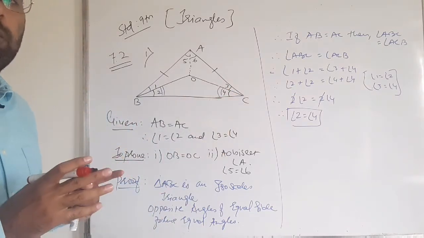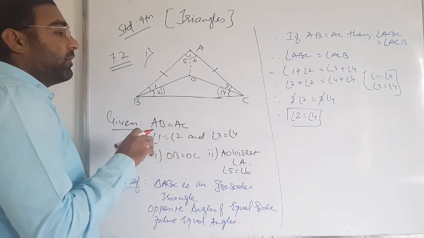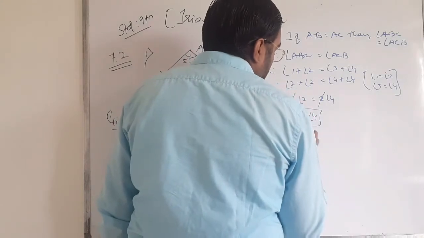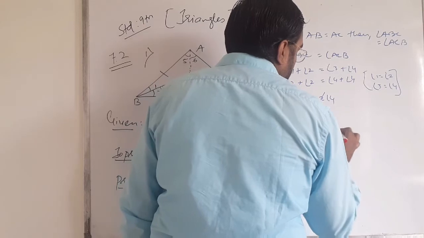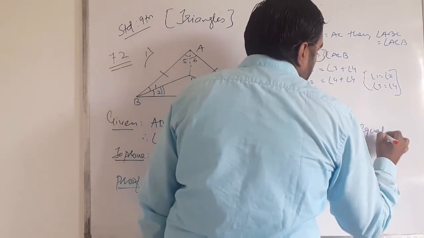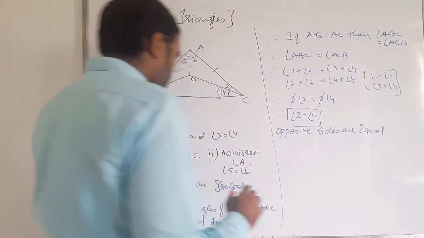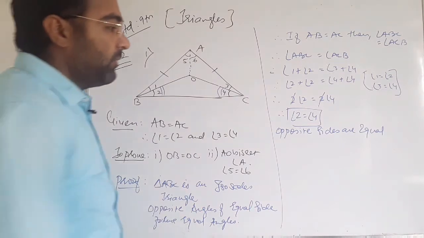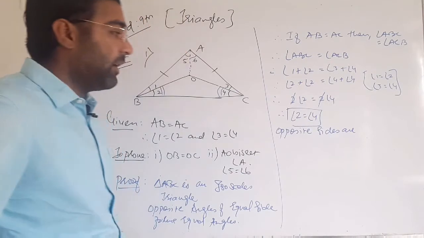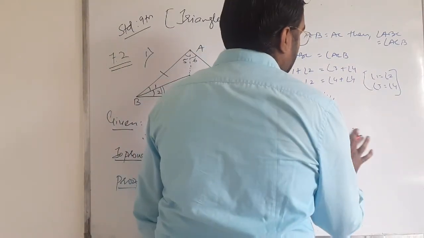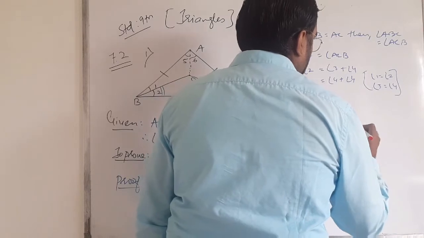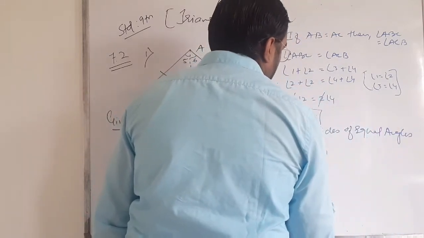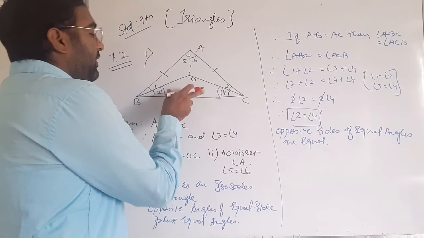Now the base angles of the triangle are equal, so I'll write the theorem again: the sides opposite to equal angles are equal.